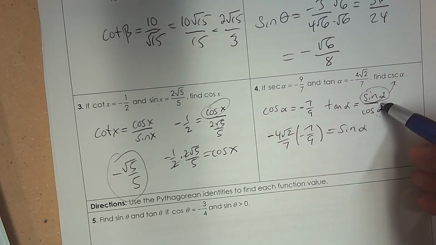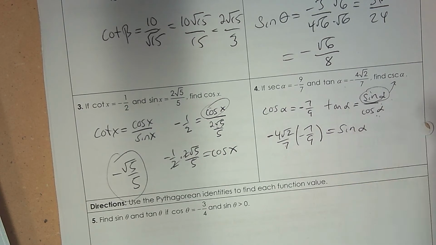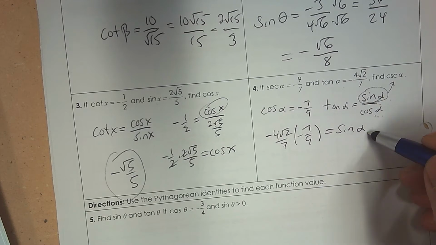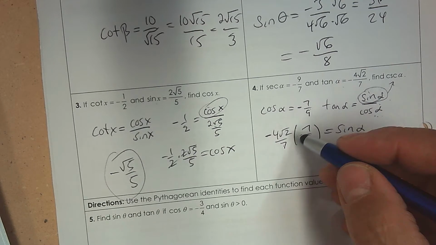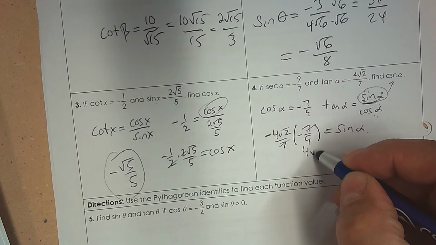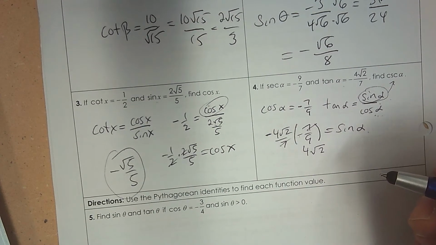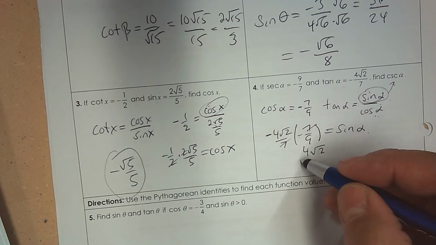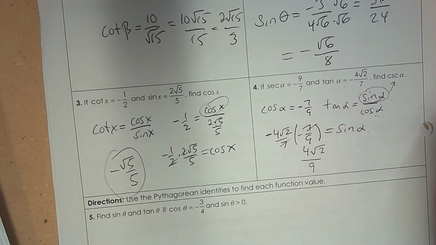So again, I multiplied both sides by cosine alpha to get sine alpha by itself. The 7's divide out. Negative times negative makes it positive, and you get 4 root 2 over 9. Now, that's for sine.